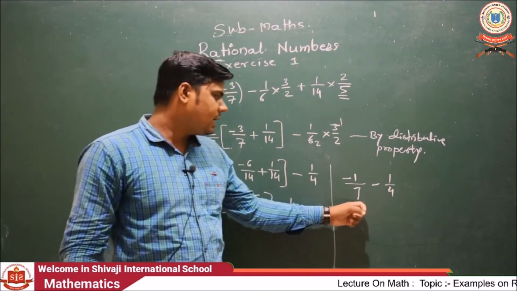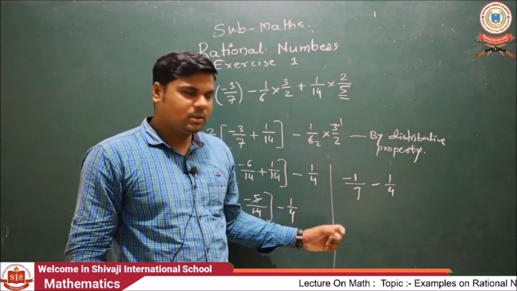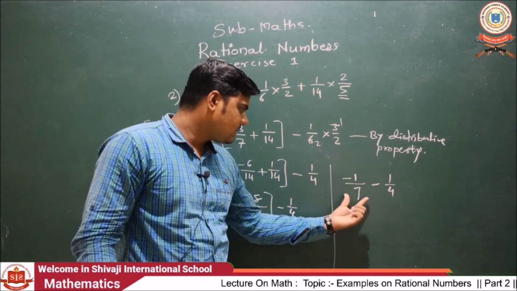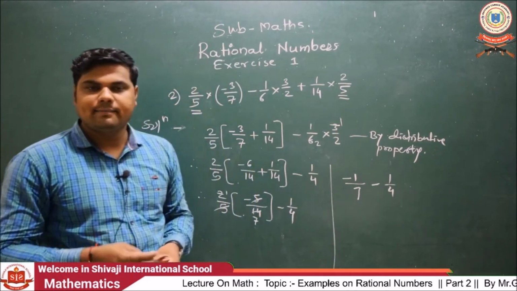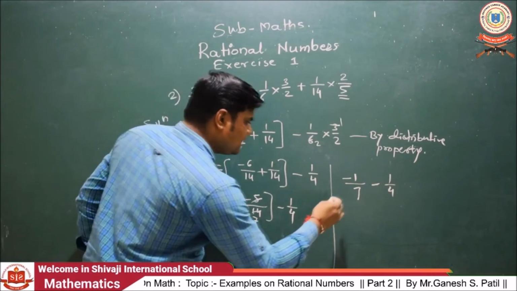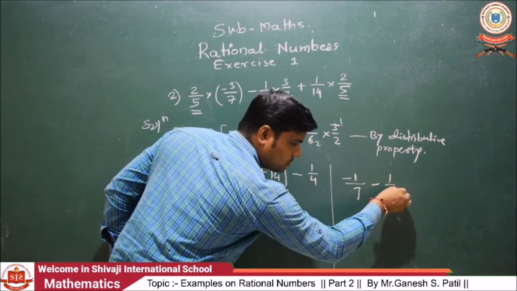Again the denominators are not the same, so we make the denominators the same, 7 and 4. What is the LCM of 7 and 4? The LCM of 7 and 4 is 28, so multiply by 4 here and by 7 here.